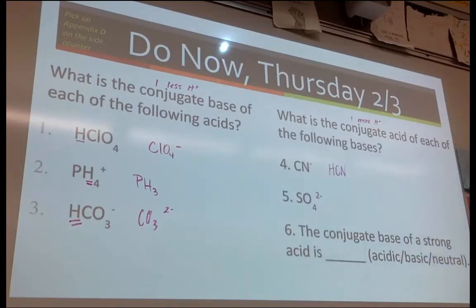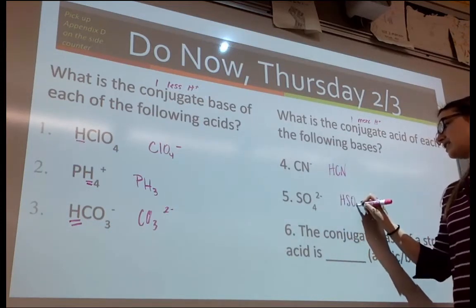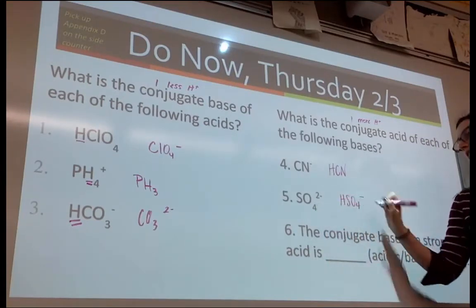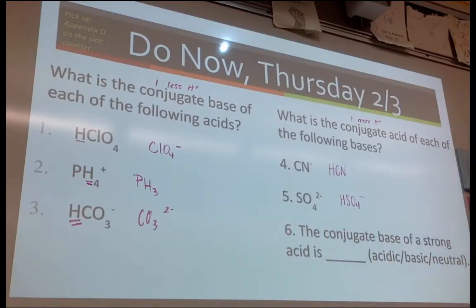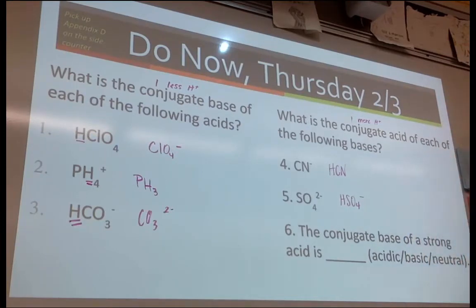So if it's -1 and you're adding 1, it becomes neutral. Number 5, you're adding an H, so we'll add it to the beginning and add 1 to the charge. So instead of 2-, it's just going to be -. So notice how for 1 through 5, every single one of these pairs only differs by a single proton. The acid always has the extra proton, the base has one less proton.